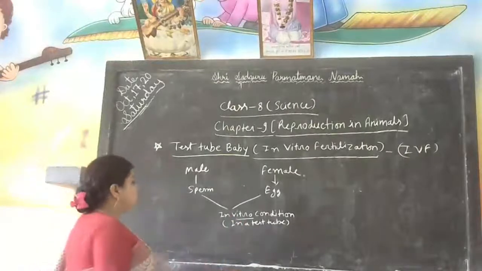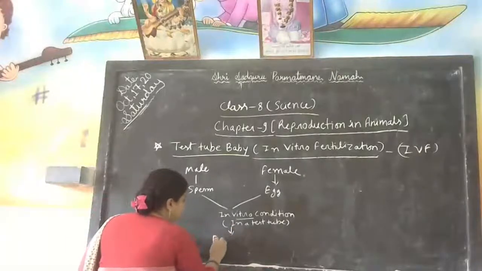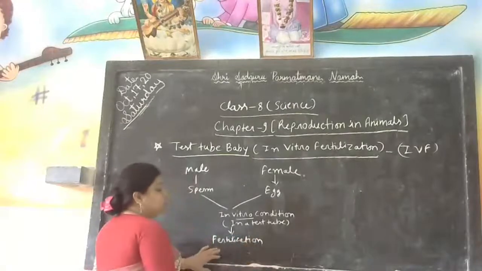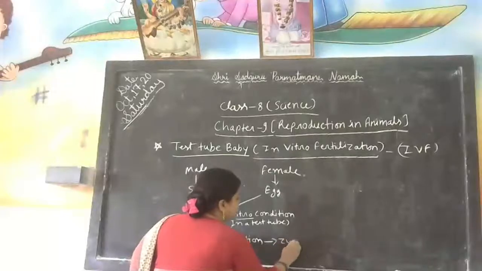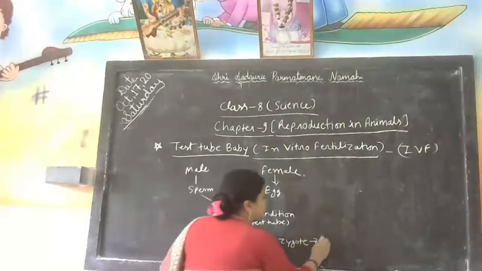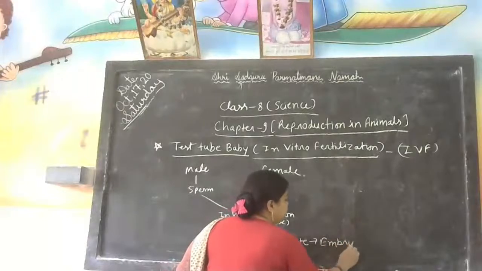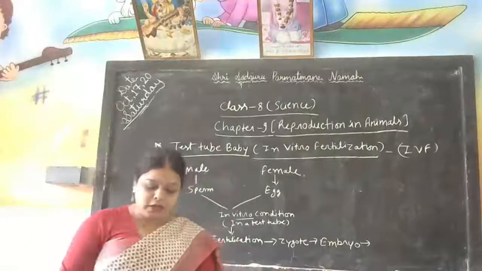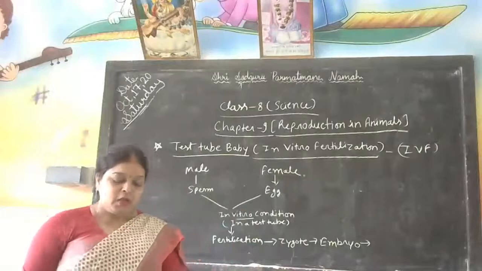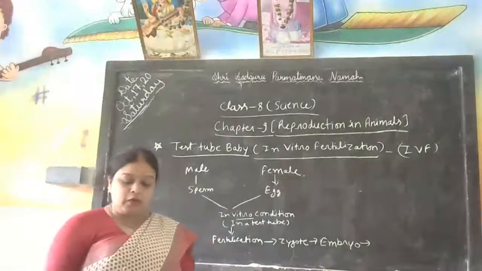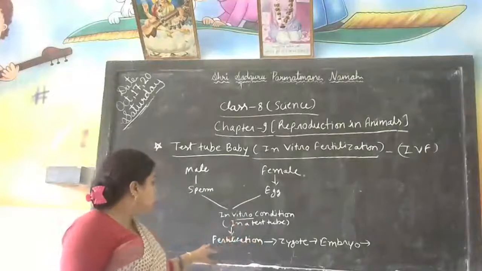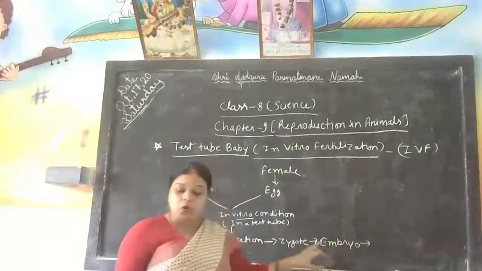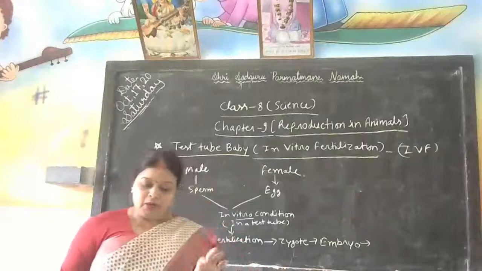If fertilization occurs, zygote formation occurs, then embryo development starts, and then this embryo is placed in the mother's uterus.